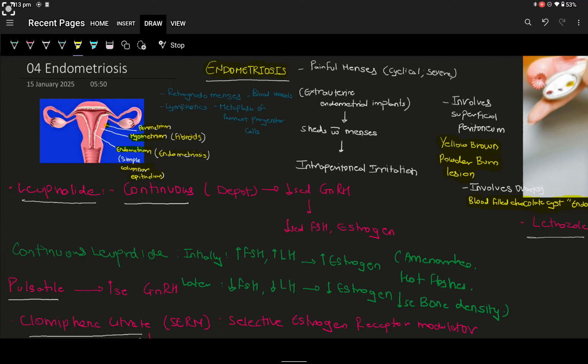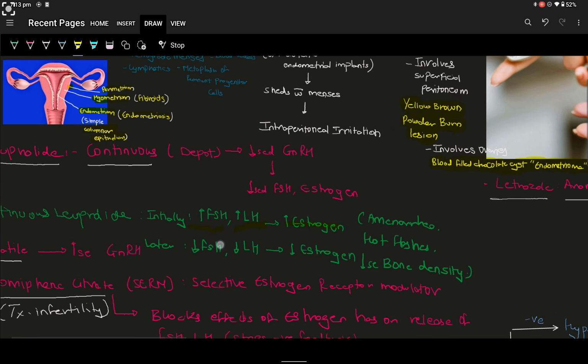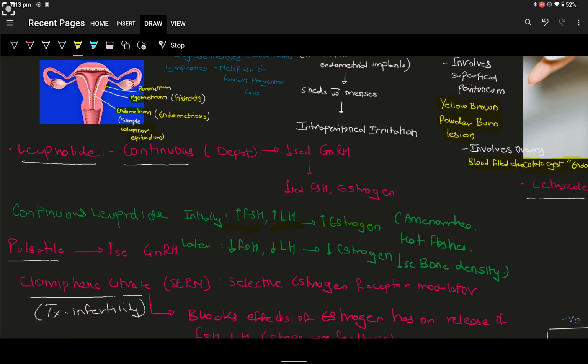So if we understand the leuprolide drug, when it is placed in a female's body as an intramuscular depot, initially it would tend to increase the FSH and LH levels, and that would eventually increase estrogen, but eventually it would decrease the levels of FSH and LH and eventually decrease the estrogen level.